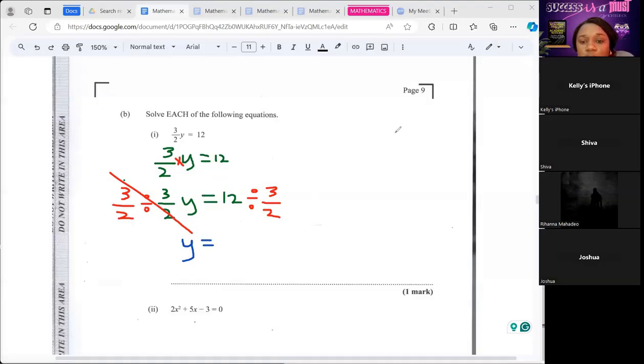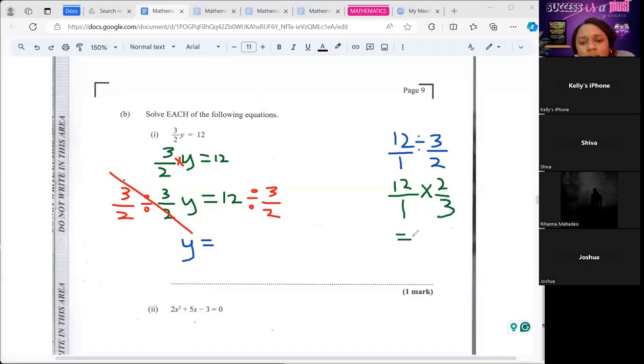So all you would say is 12. As you all know, some of you could use a calculator. 12 divided by 3/2. When you have a fraction, you can put 12 as a fraction over 1, because all whole numbers have a denominator of 1. So when you go back to primary school stuff, you change the division to multiplication and you flip the second fraction, or you do the inverse.